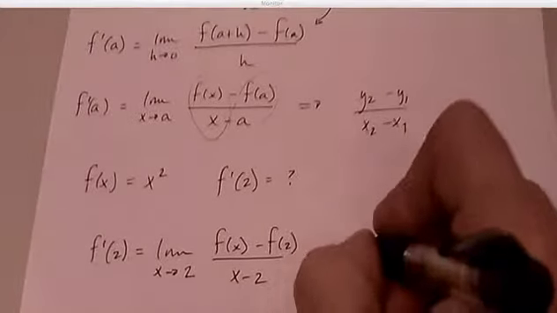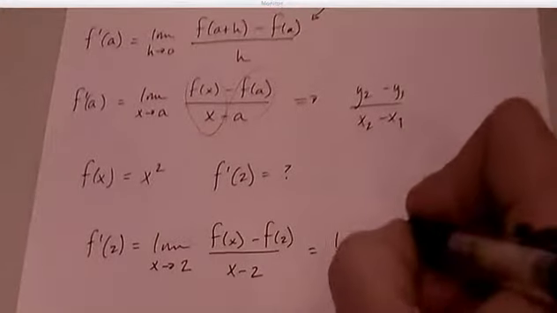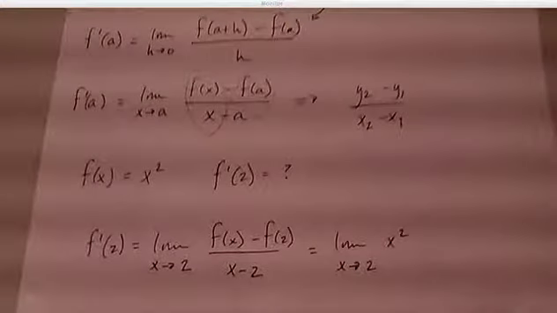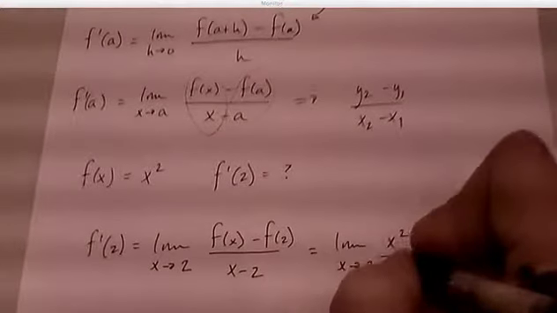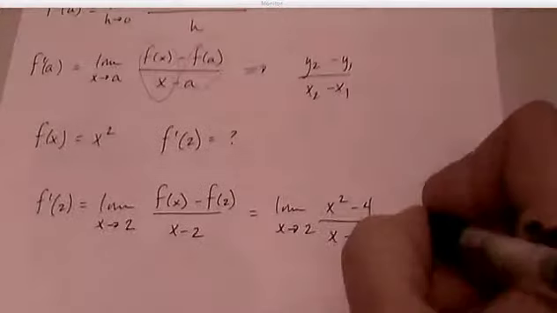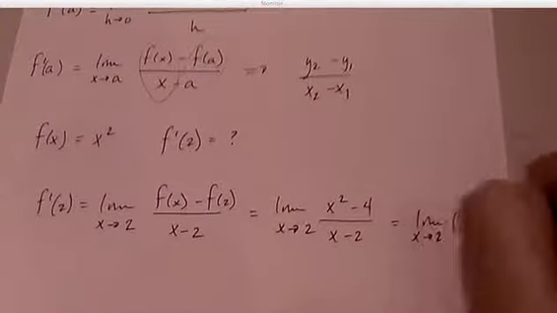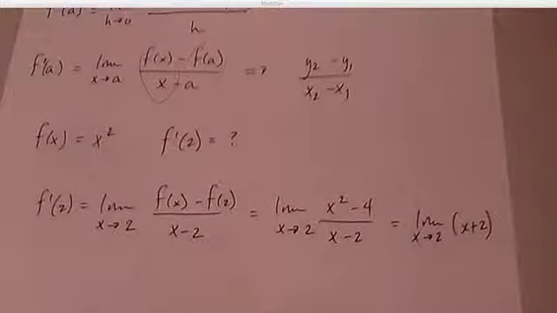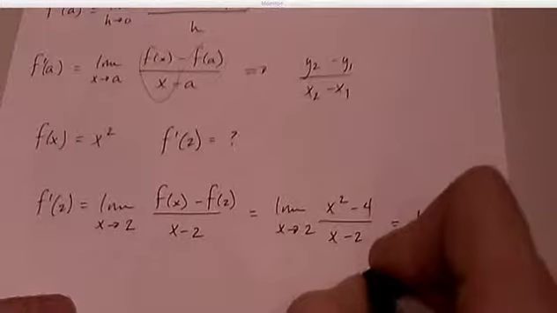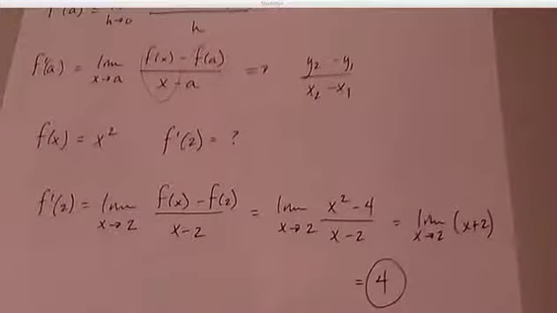But I know what those are. I don't have to be in suspense about what f of x is. F of x is x squared. F of 2 is 4. And that obviously is going to simplify very easily and become x plus 2 once I factor that numerator as the difference of two squares, and that is going to be equal to 4, okay?